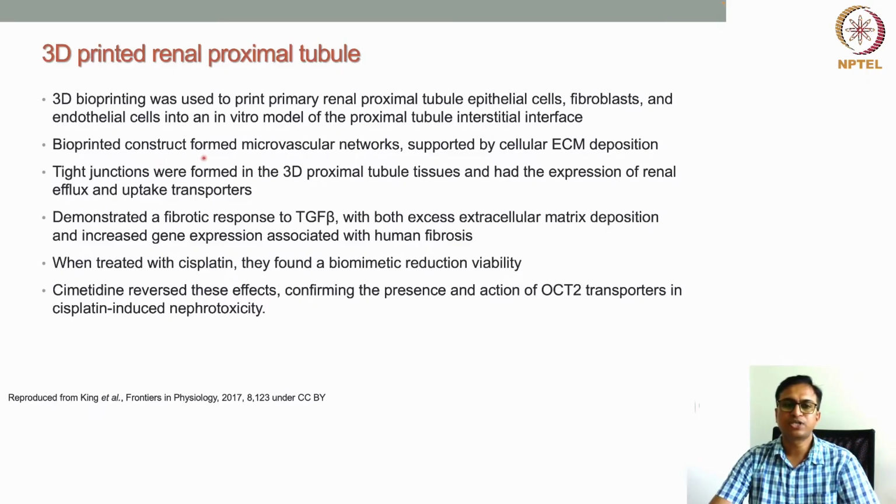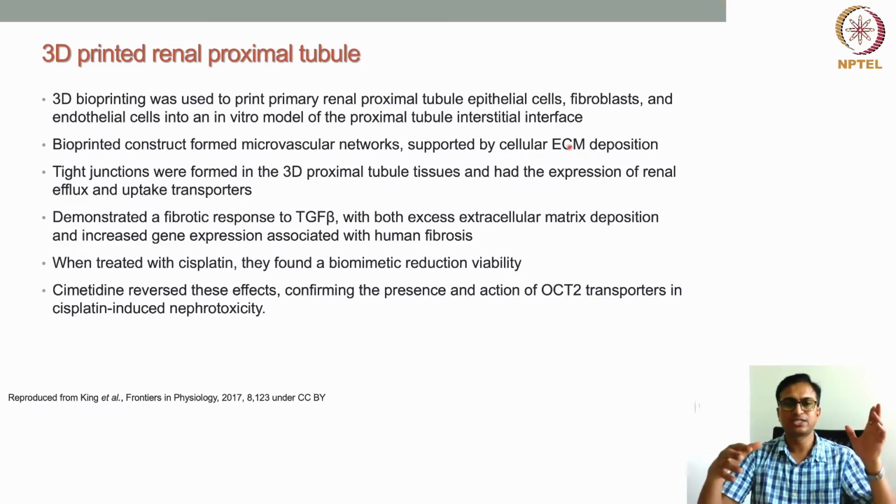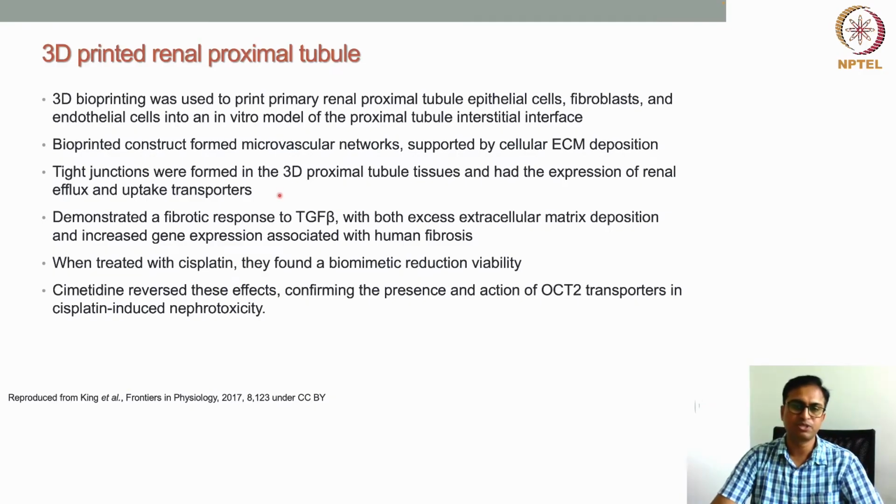When this bioprinted construct formed a microvascular network supported by cellular tissue deposition, it created an interstitial space where tight junctions formed in the 3D proximal tubule tissue, with expression of renal efflux and uptake transporters. This kind of anatomical structure is important for the function of that tissue. They also demonstrated a fibrotic response with TGF beta.